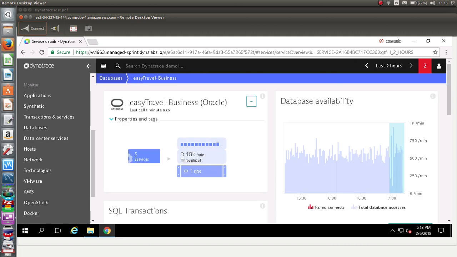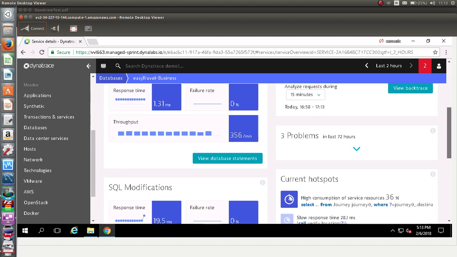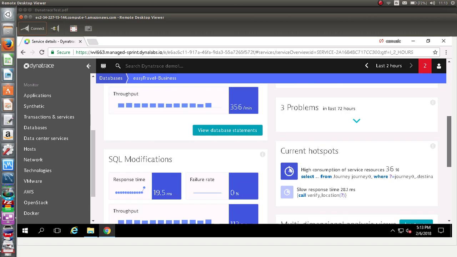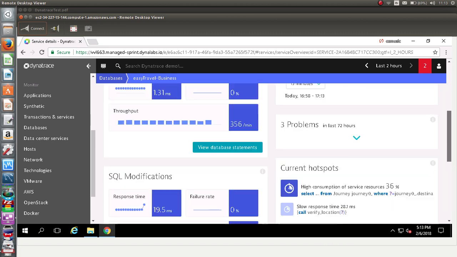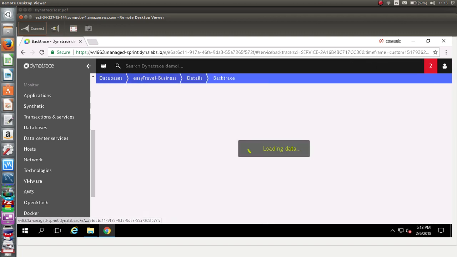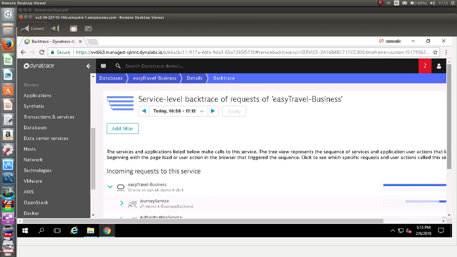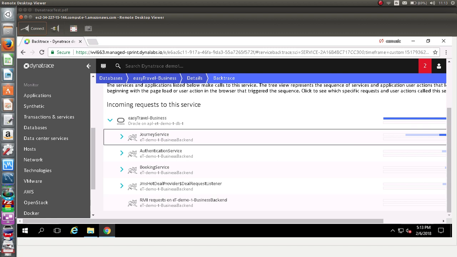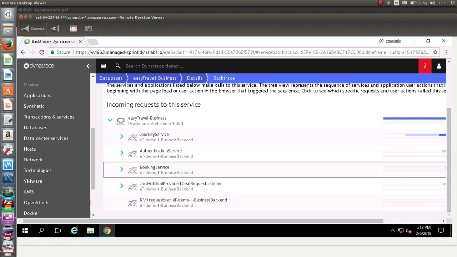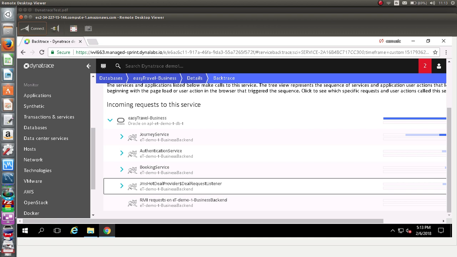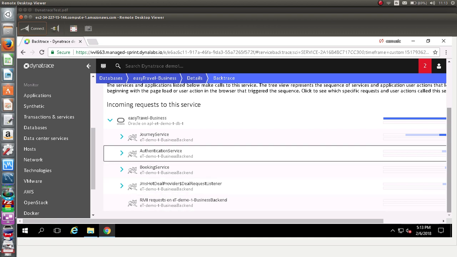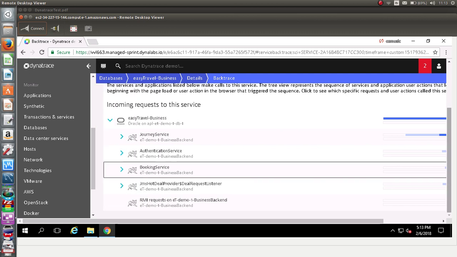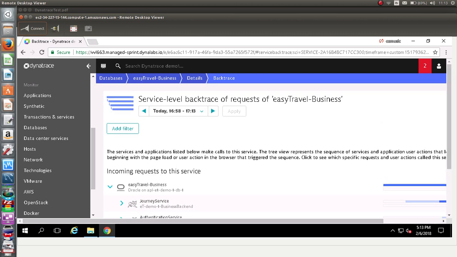Okay, also, the databases are treated as services, so we can do a backtrace analysis to see who is calling this database. This database is being called by the journey service, authentication service, booking, JMX, and RMI services. Okay, and we can see how the performance of the services that are calling this database is.